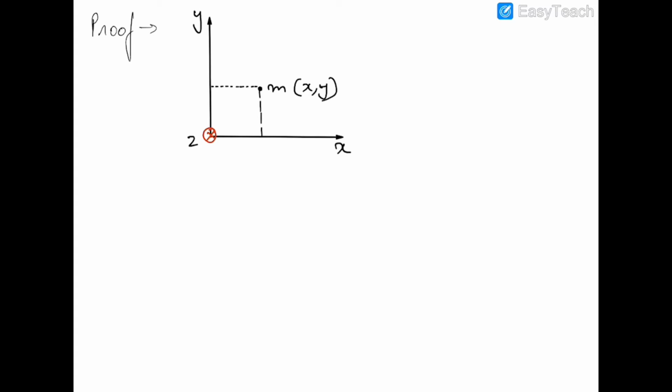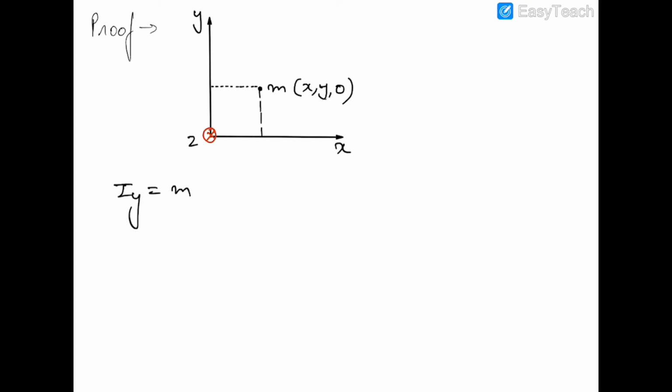This theorem can be proved by taking a point mass m, which is placed at a point which has a coordinate of x, y, and 0. So the z coordinate is 0 because this point mass is placed in the xy plane. Now let us find the moment of inertia of this mass along the y-axis.